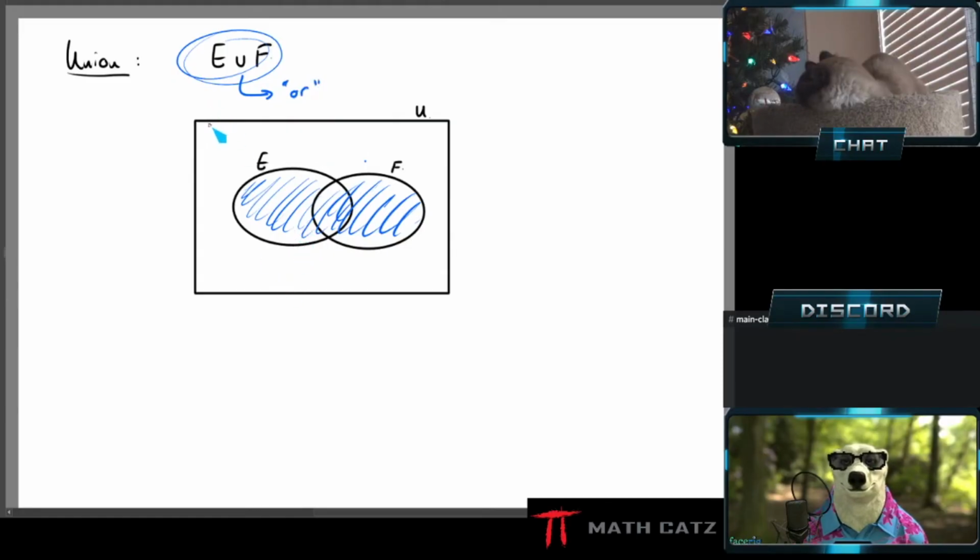All right, but there is another way to combine two sets. The other one is the intersection. Now, by thinking of the word intersection, you might already guess what that is, but let's write it out anyway.